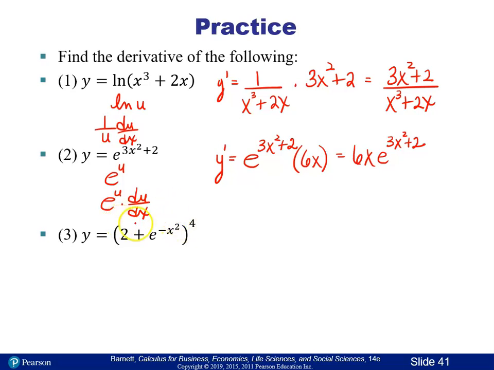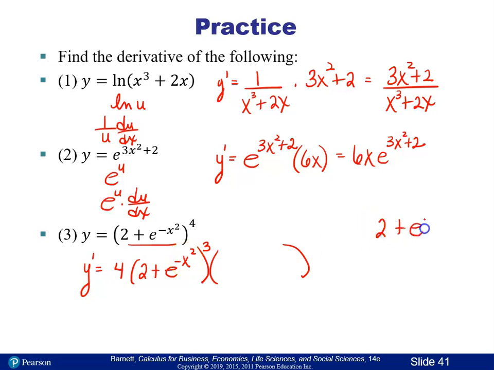And then the last one here, we've got a function raised to a power. So I'm going to use the power rule. I'm going to bring the 4 down in front, decrease the power by 1. Then I have to take the derivative of this inside part here. Okay, so if this is my function that I've got to take the derivative of, well, the 2 is easy, that's a 0.